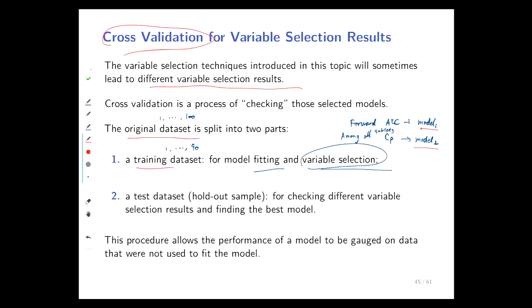Firstly, use the training data set to obtain these two models. Secondly, you need to hold out some sample. For instance, in this case, we can hold out observations 91 to 100 for checking the variable selection results. So here we have model 1 and model 2, and you look at the prediction results of model 1 and model 2 using this test data set, and find the model with the best prediction.